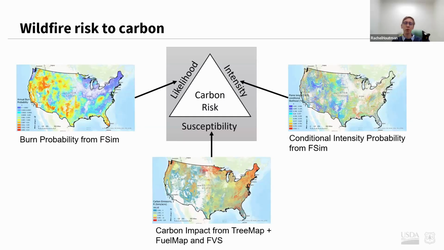So we've got our burn probability out of FSim. That's our likelihood. We've got our conditional intensity probabilities also out of FSim, so that's our flame length grids, and then flame length probability grids. And then we've also got the impact: how does the fire at a given intensity impact the carbon if it occurs?